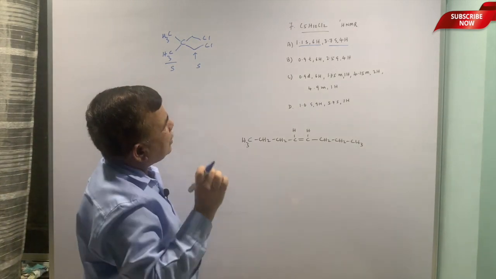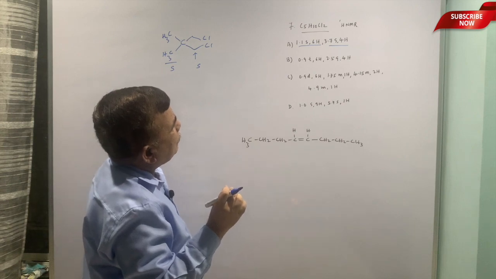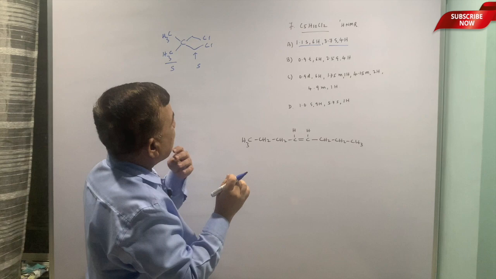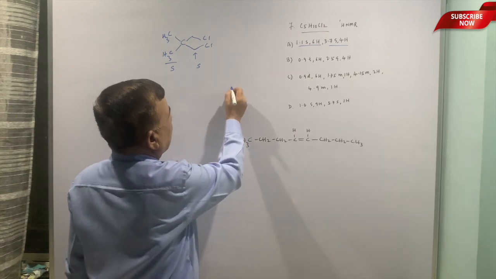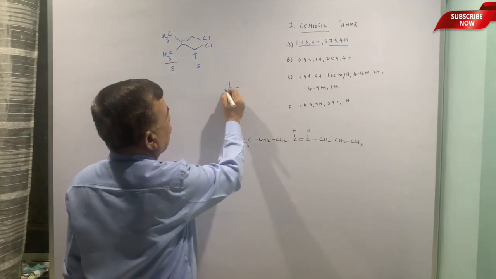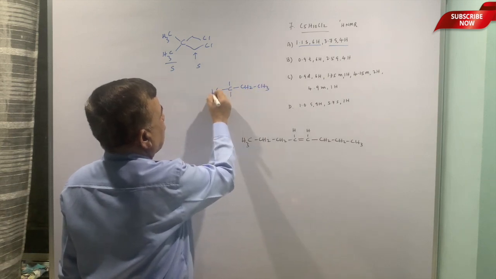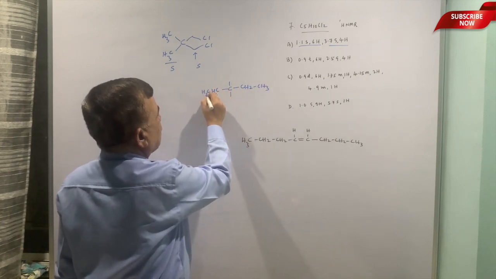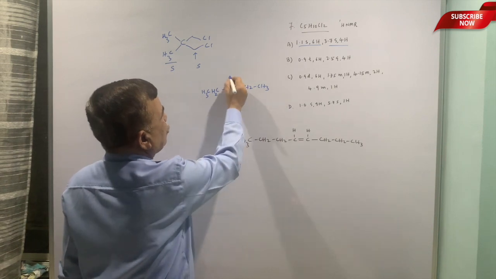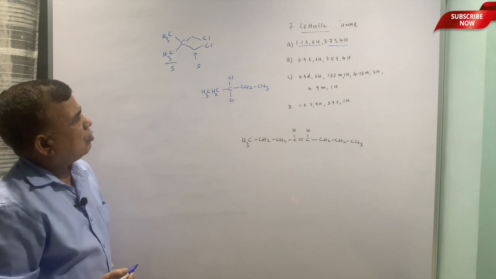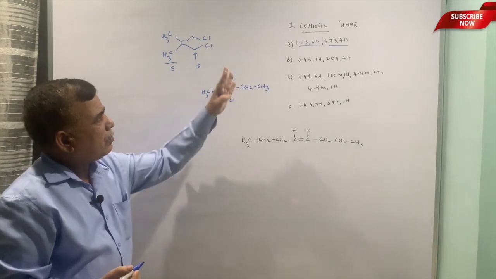The second example is triplet for 6 hydrogens, quartet for 2 hydrogens. So I will just put this structure straight away. These are equivalent, so 6 and 4, that is the ratio, and the central carbon will contain 2 chlorines, 10 hydrogens we have accounted for.